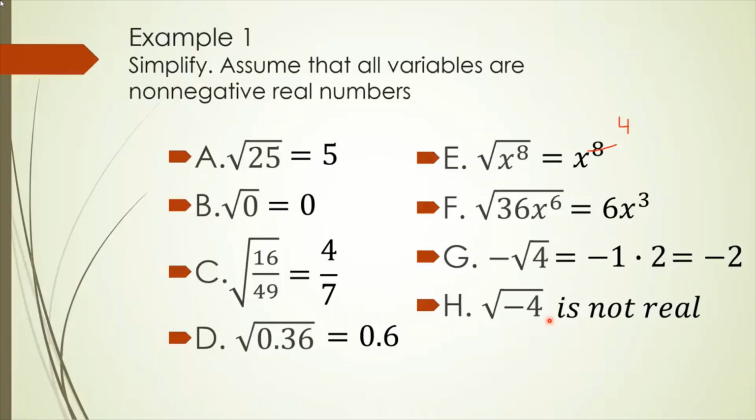If you do 2 times negative 2, those numbers aren't the same. And what the square root is asking is what times itself will give you that number. So if you ever see a negative underneath the radical, or underneath the square root, then it's not a real number. It would be what's called imaginary, but you don't have to be concerned about those.